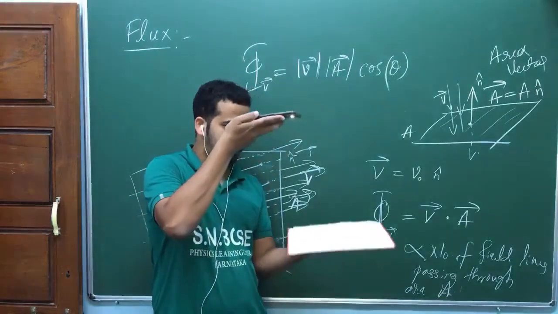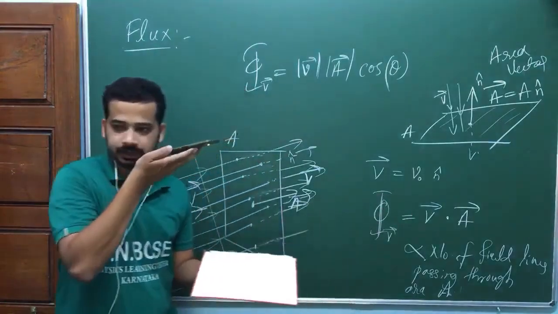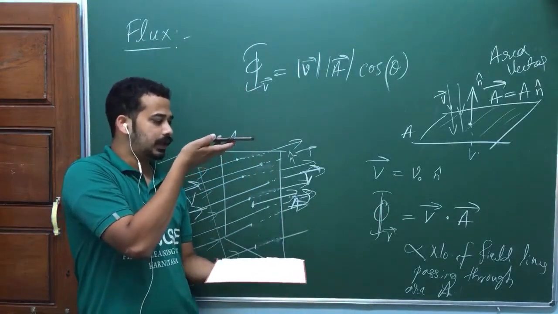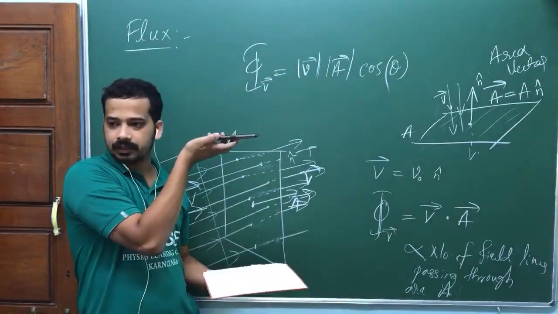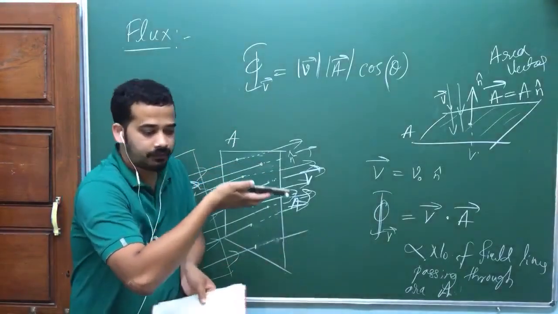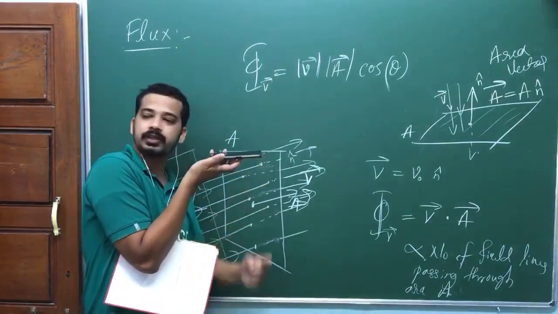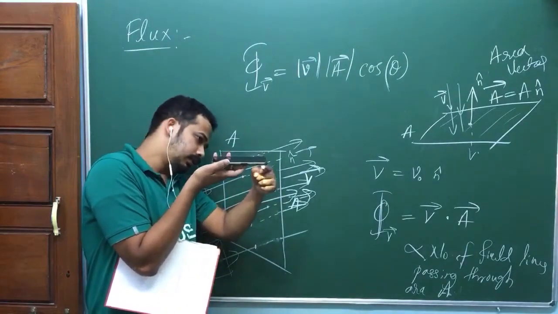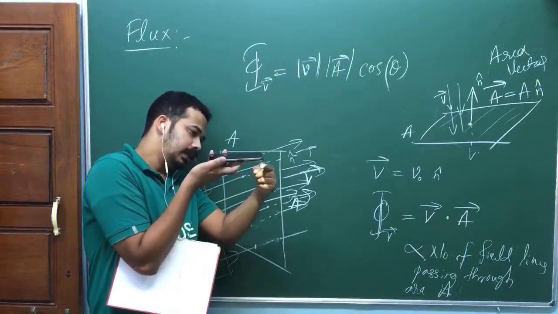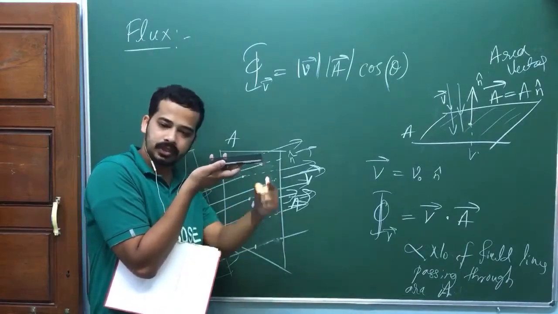Now this is my surface area. If I'm holding the torch like this, from this torch your field lines, or your light rays, are coming downward. Can you just imagine?